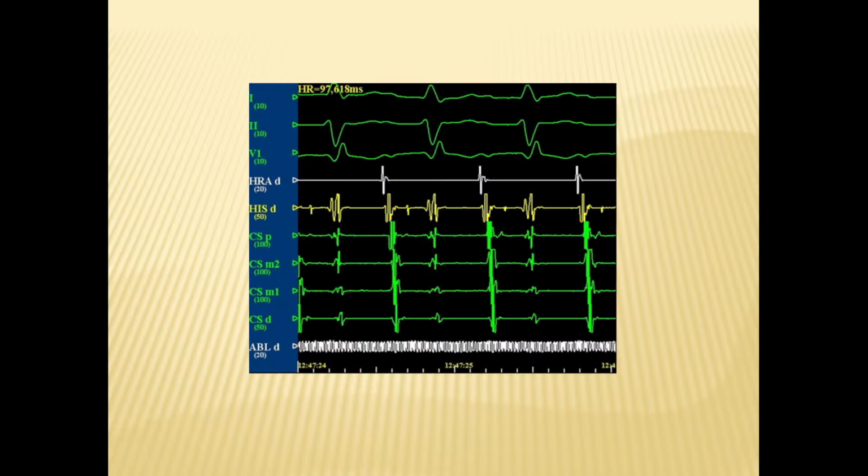Next line, HRA, is atrial activity. Then the His bundle activity, and next the coronary sinus, where the electrode moves through the coronary sinus and detects its electrical activity.